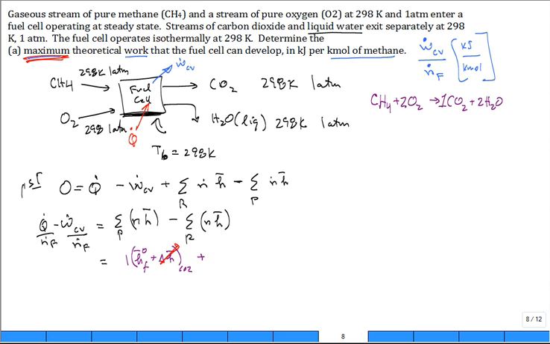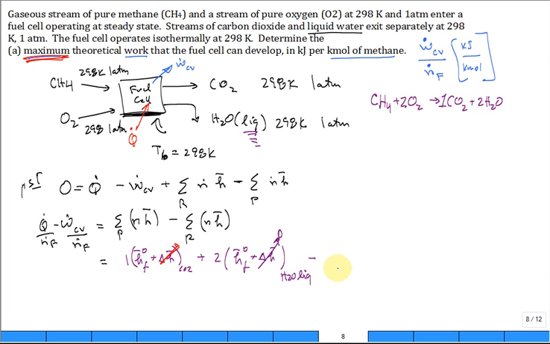Plus, for the product, 2 times enthalpy of formation plus delta H bar. It's coming out at 298. But this is H2O, it's liquid, liquid, liquid. It has a different enthalpy of formation than vapor.